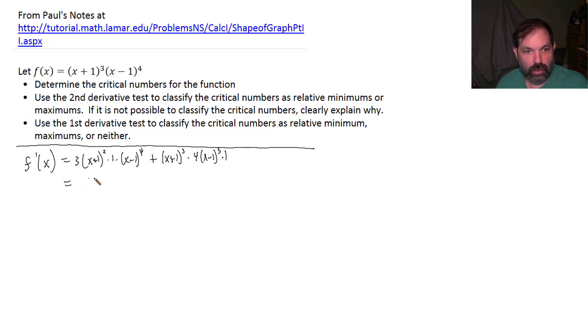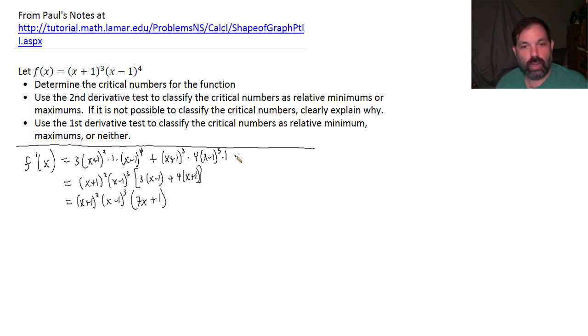So what can we factor out here? I can factor out an x plus 1 squared and an x minus 1 cubed. Then that would be 3 by x minus 1 plus 4 by x plus 1. So that would be x plus 1 squared by x minus 1 cubed by 3x plus 4x, that would be 7x, minus 3 plus 4, so 7x plus 1.